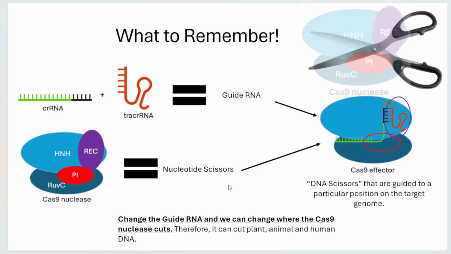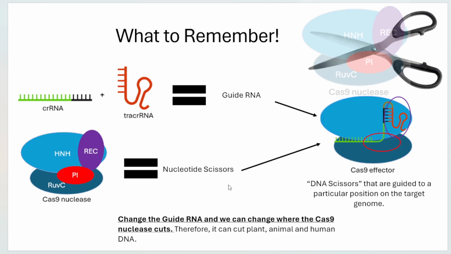It also turns out that the guide RNA can be programmed, so we can change the guide RNA sequence to change where the Cas9 nuclease cuts. Therefore, we can program the guide RNA to get the Cas9 nuclease to cut plant, animal, and human DNA. What's fascinating, and what I really like to joke about, is that we are putting what is innately a bacterial protein into our own cells, or to any cells really, to alter the DNA.